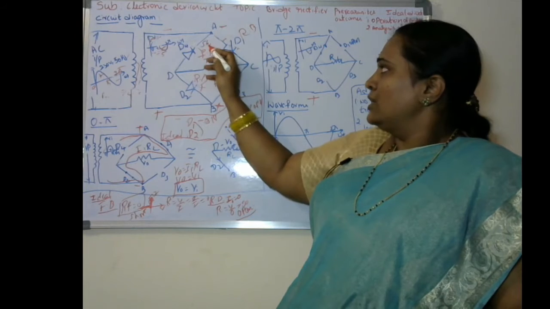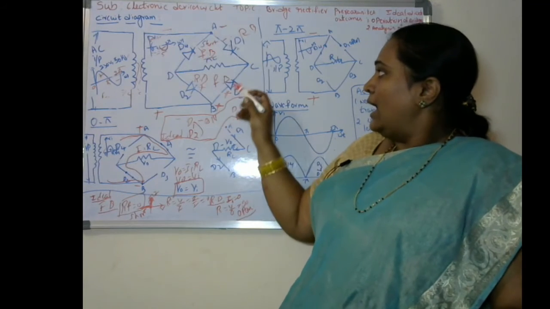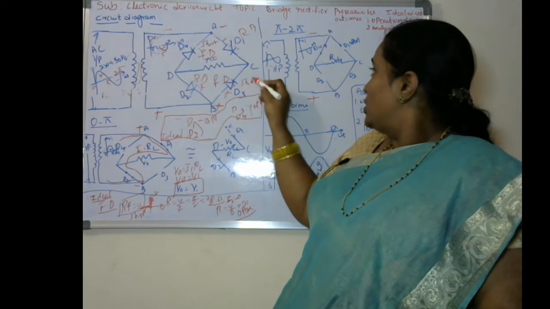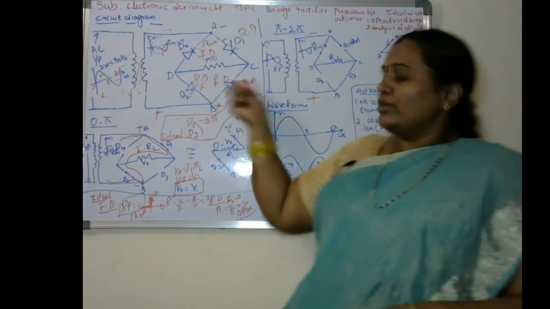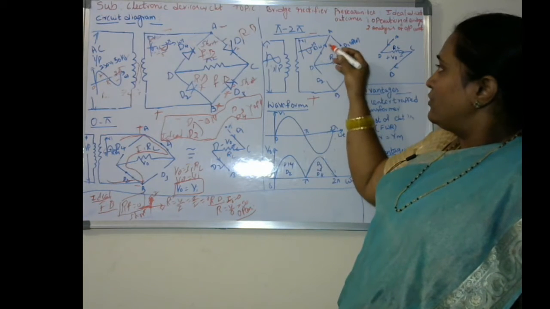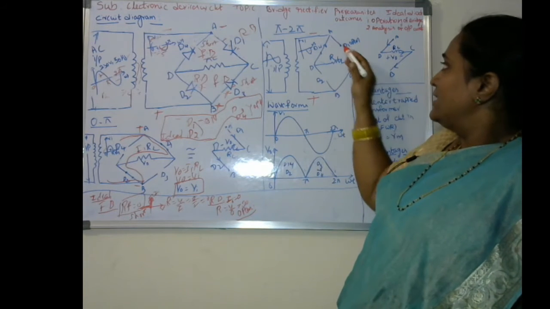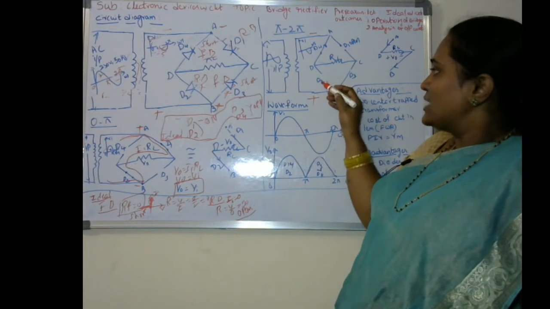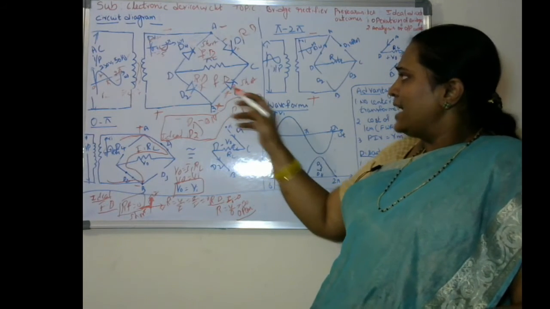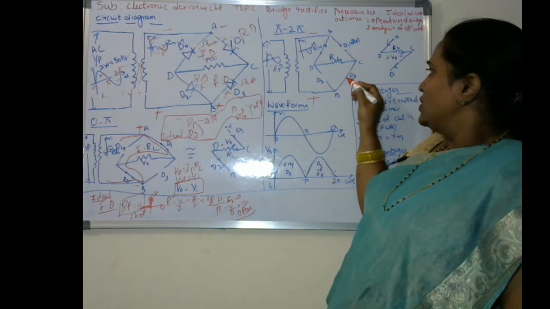Nothing but it acts like a short circuit, and the D3 diode is forward bias, so it acts like a short circuit. If you redraw the circuit, this will be the circuit. The D1 diode has been opened, and D2 is reverse bias, so it is opened, and D3 and D4 are forward, so they are shorted.